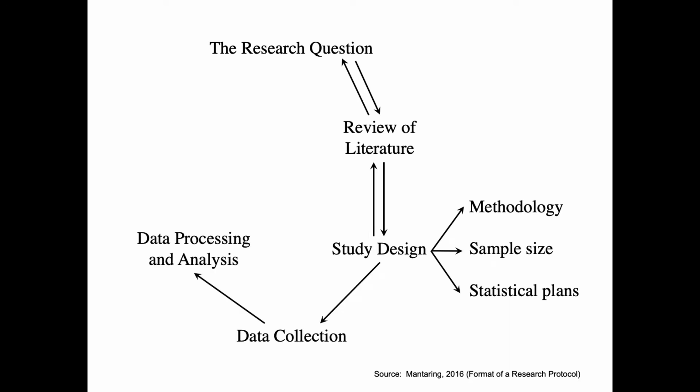Once you've collected your data, you start processing and analyzing it. From there, you can draw conclusions depending on the analysis, and then you go back full circle to see if the results from your study and the conclusions you derive from it would answer that original research question of yours or not.